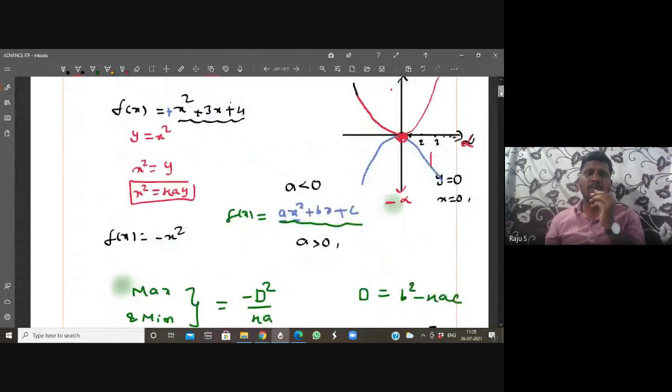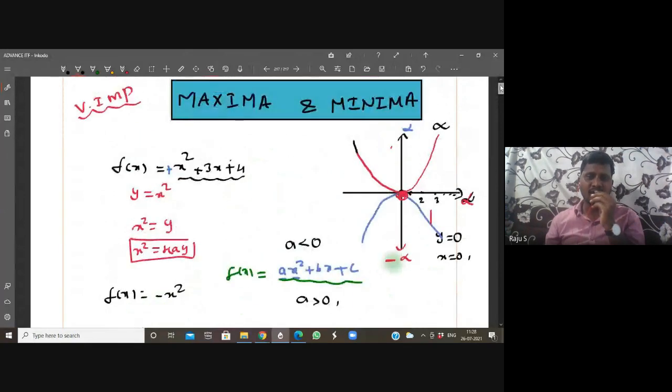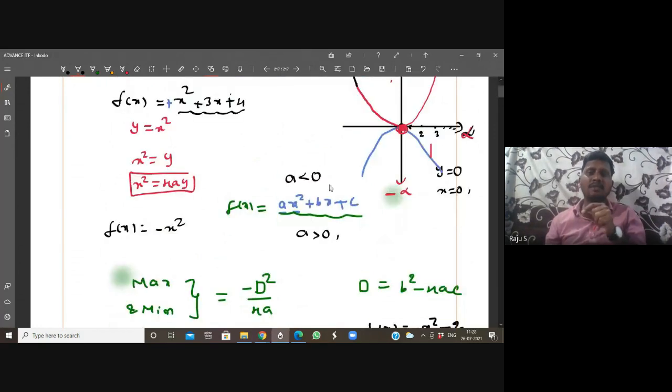First case, I'm taking the quadratic expression. Whenever the x square coefficient is positive, it will give a minimum value.